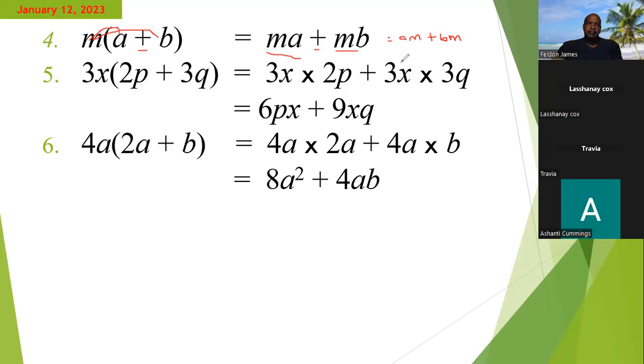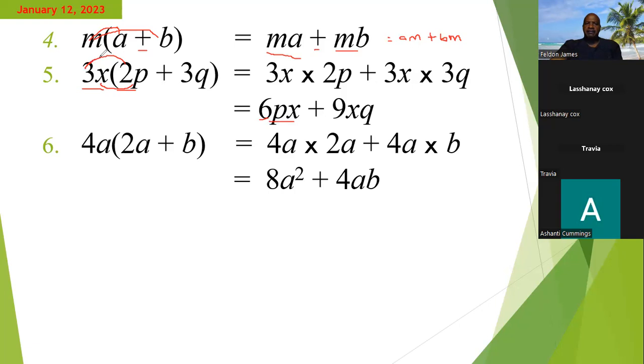Is that clear, guys? All right, so here for question 5, we have 3x. Don't forget the variables, right? So 3x, you treat all of that as one thing multiplying by the 2p. You multiply the numbers together, 3 times 2 is 6, and then the variables together, x times p, so you will get 6px, keeping them in alphabetical order.